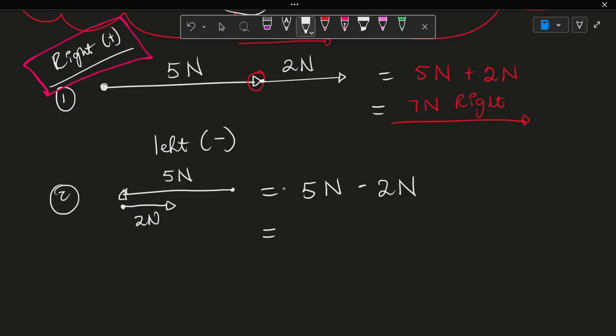My 5 newton vector is to the left, so it's negative 5, minus positive 2 newtons. And negative 5 minus 2 is negative 7 newtons.